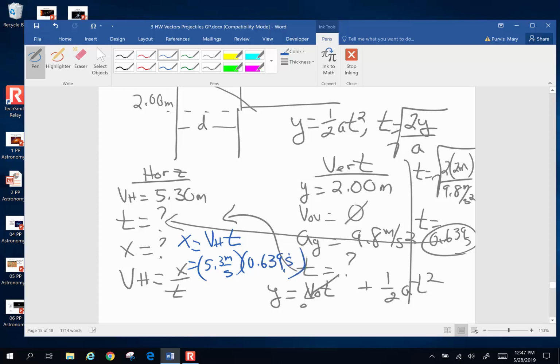So multiply that by 5.3, and I get the horizontal distance between the buildings of 3.39 meters. That is the maximum distance. If it's further away than that, poor Jason's going to be a little puddle at the bottom and being sad and have to go off and see the doctor.